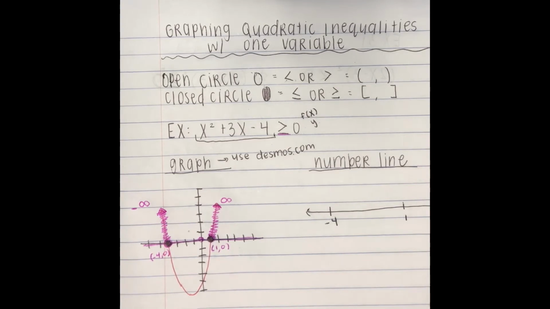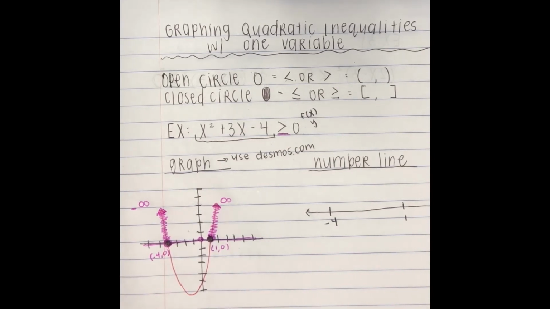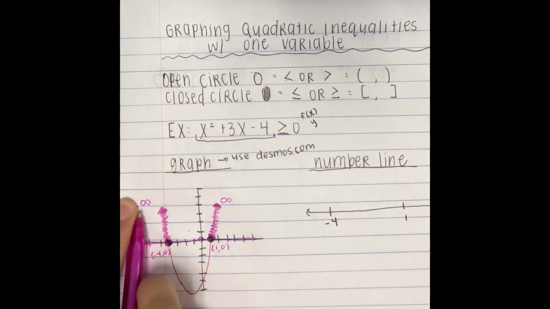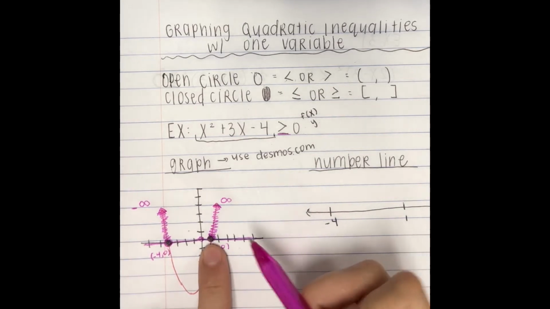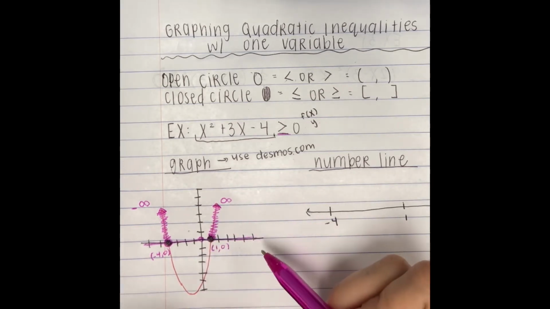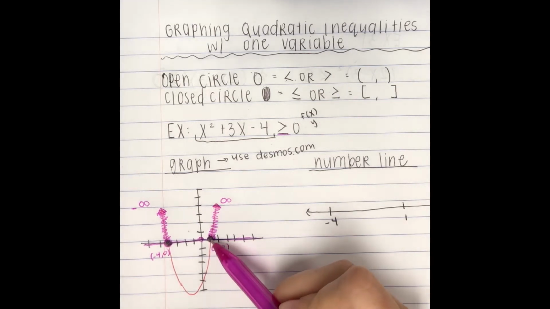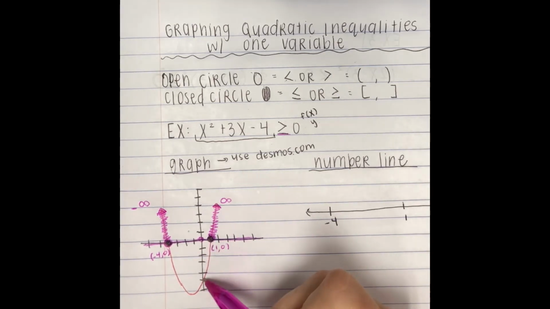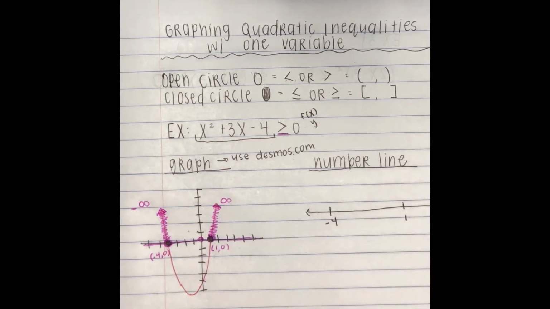So we're going to say any values on the x-axis from negative infinity to negative 4 would all be greater than 0, right? And then any numbers on the x-axis from 1 to infinity would all be greater than 0. Anything in between, like if I chose 0 on my x-axis, that's down here below our line, right? So that one wouldn't work.